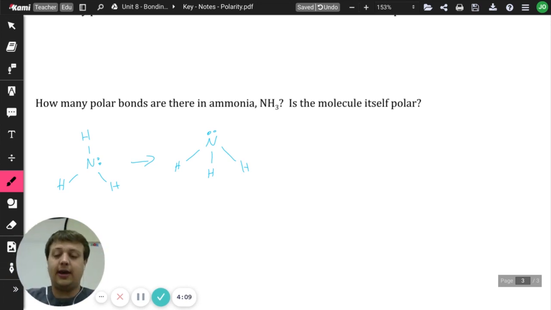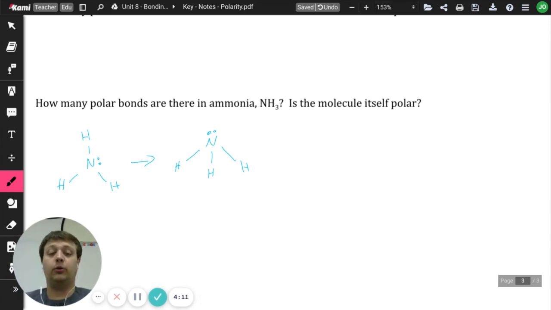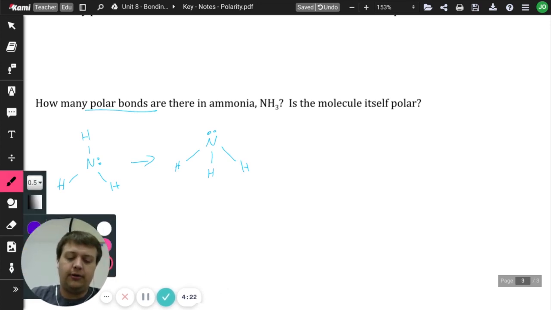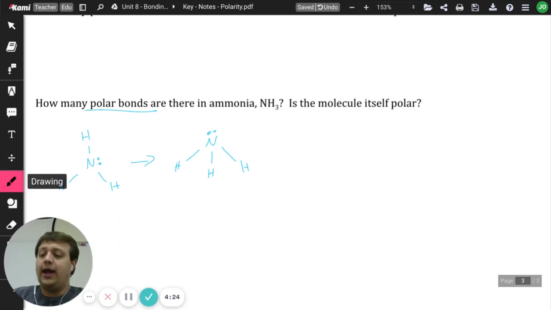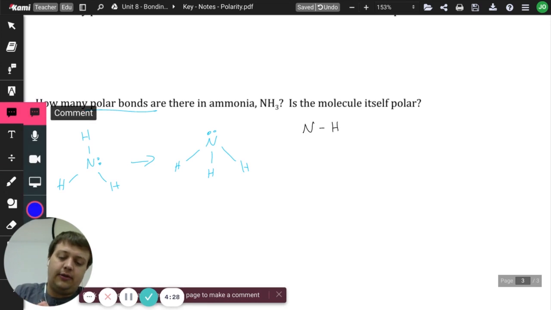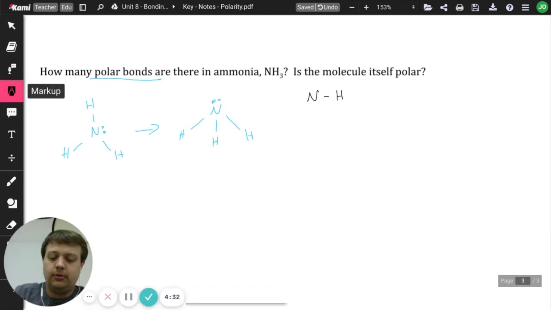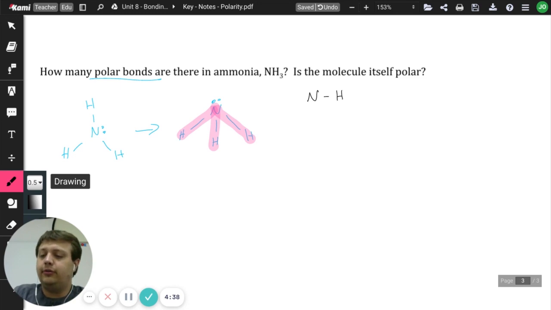So now I need to decide whether or not this molecule is polar or nonpolar, and they also ask me how many polar bonds. So they don't even say how many nonpolar bonds, so we don't need to worry about that. So how many polar bonds are there? So I have nitrogen to hydrogen, and there are 1, 2, 3 of those. So I have 3 nitrogen to hydrogen bonds.